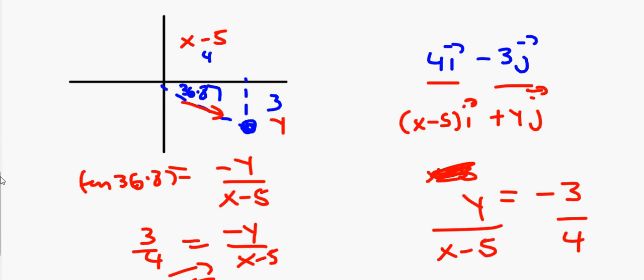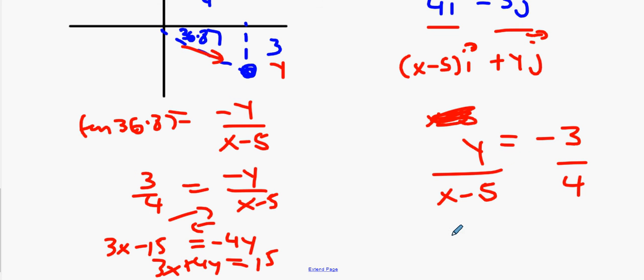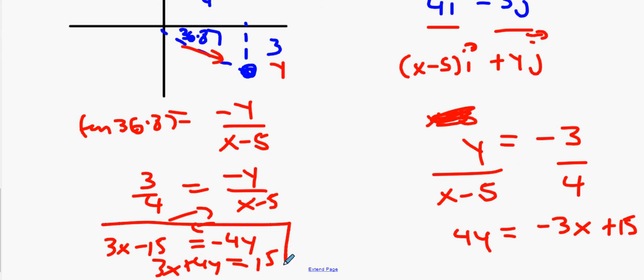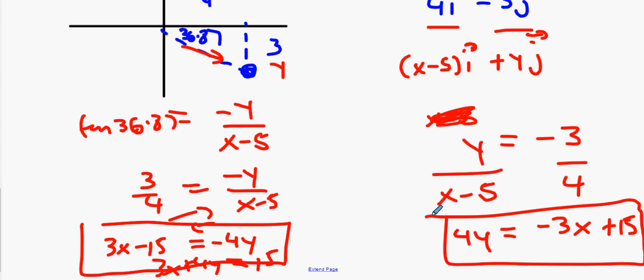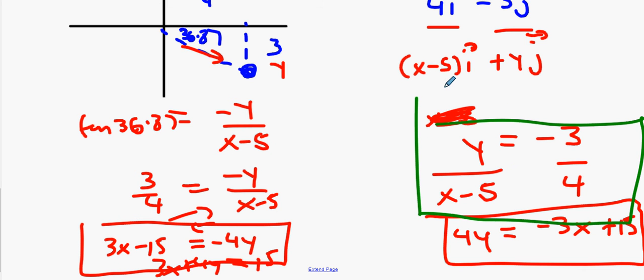And then once again, cross multiply it, and you get 4y equals minus 3x plus 15. And you see that both equations end up exactly the same. But when I used the vector notation, I didn't have to multiply by minus 1. I only had to multiply by minus 1 when it was the angle notation. Is that fully understood now?